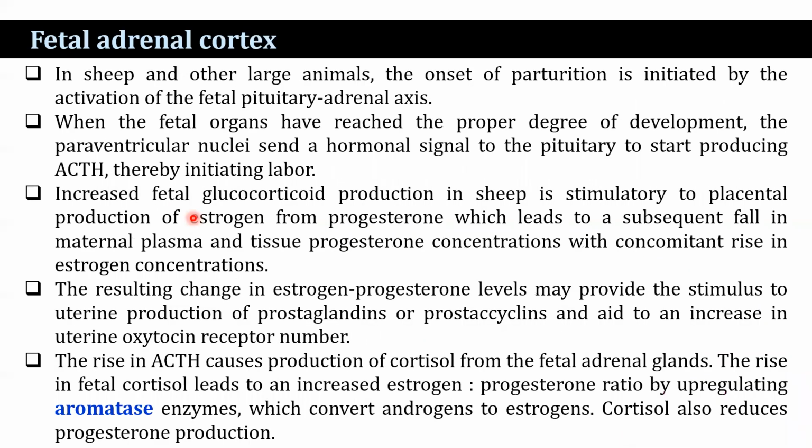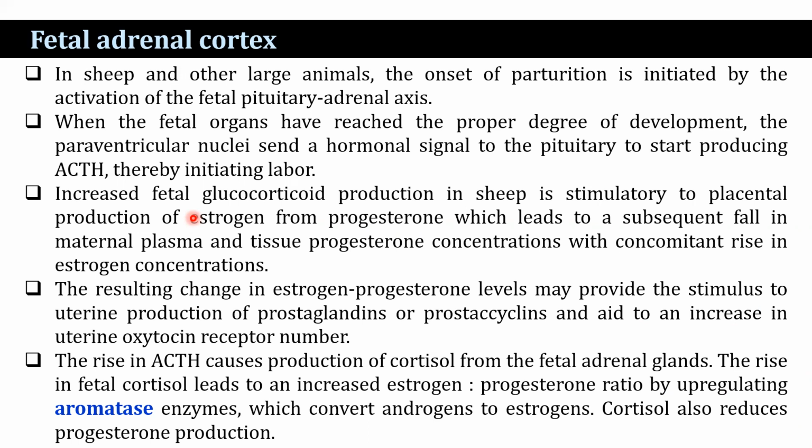Now, fetal adrenal cortex. In sheep and other large animals, the onset of parturition is initiated by the activation of the fetal pituitary adrenal axis. When the fetal organs have reached the proper degree of development, the paraventricular nuclei send a hormonal signal to the pituitary to start producing adrenocorticotropic hormone, thereby initiating labor.